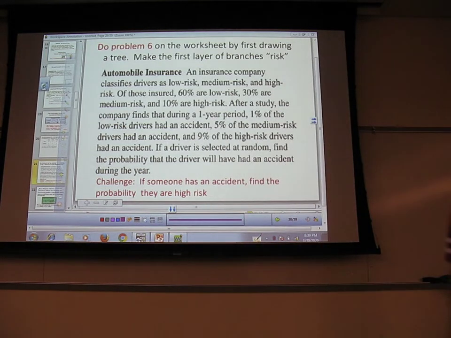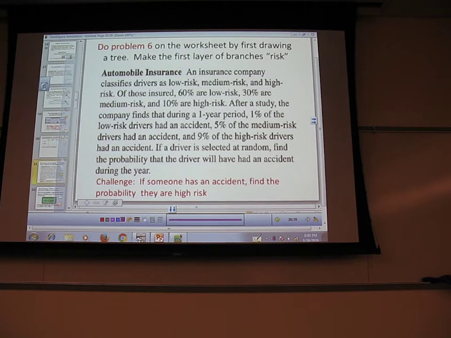It says, make the first layer of branches risk. How many risk options are there? 3. What are they? Low risk, medium risk, and high risk. So you should have 3 branches. One goes to L, one goes to M, one goes to H. And then write in the probabilities of each branch.